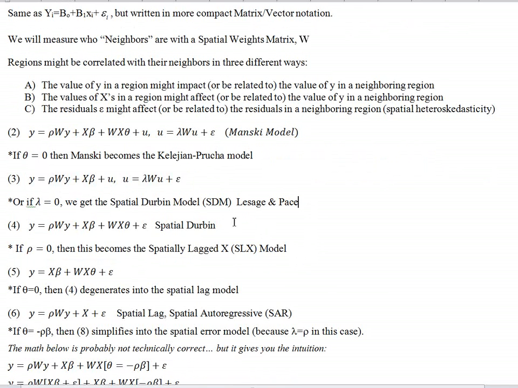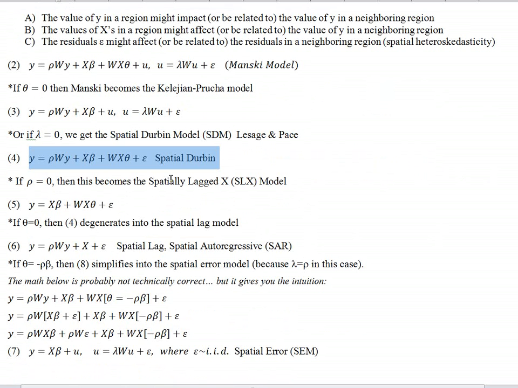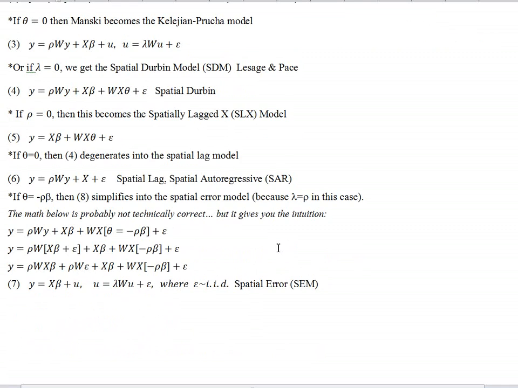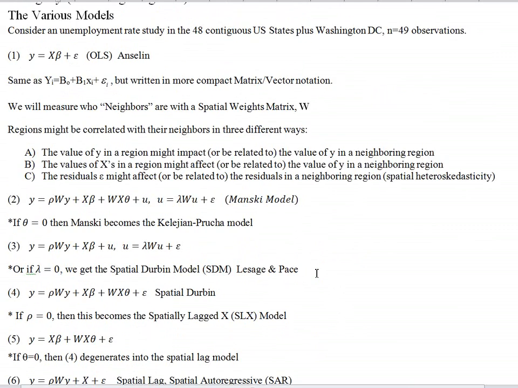Or LeSage and Pace, who say start with the Durbin model, spatial Durbin, and then test to see if you should restrict it back to make it simpler, to become the spatially lagged X, the spatial autoregressive, or the spatial error model. And that's what I like. But there are a few other ways that you can try to specify a model as well, and we're going to talk about all of those as we go through the various lectures here.